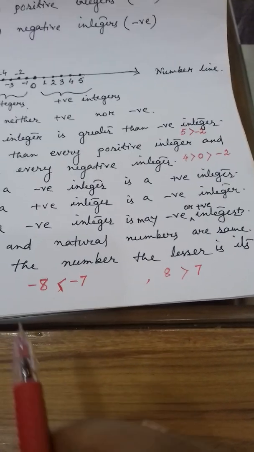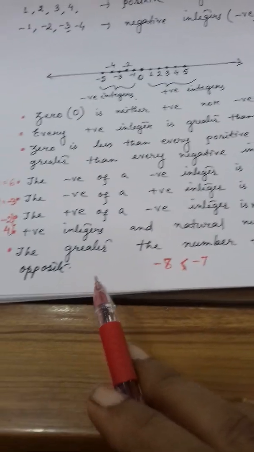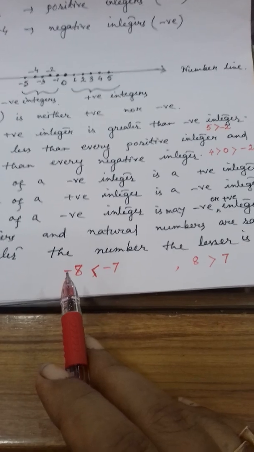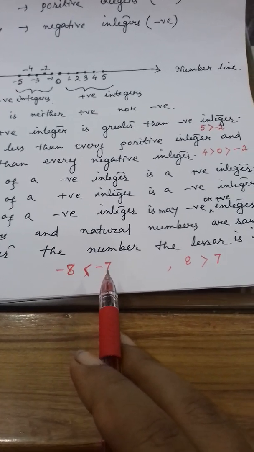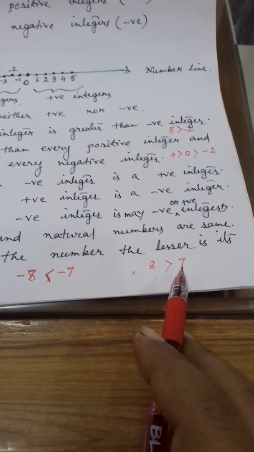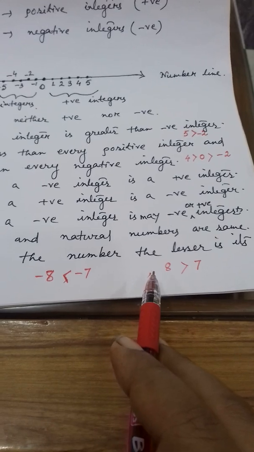Understood, students? This is the main thing of the integer. The greater the number, the lesser its value for negatives. That means -8 will be lesser than -7, but +8 will be greater than +7. Understood? This is true for all negative and positive integers.